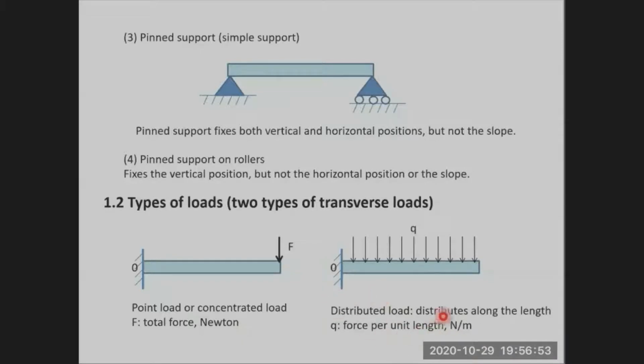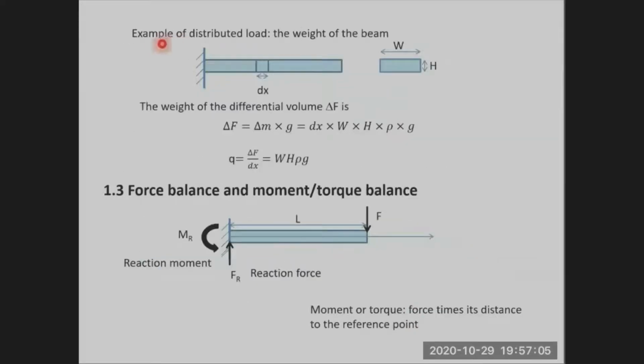So in order to calculate the total force, we have to integrate q over the length. A simple example of distributed load is the weight of the beam, which generates a distributed load.